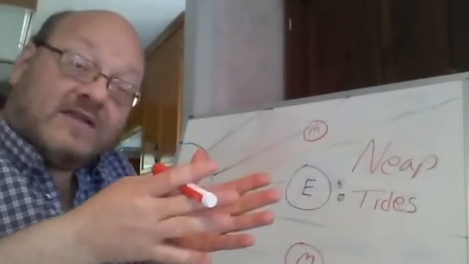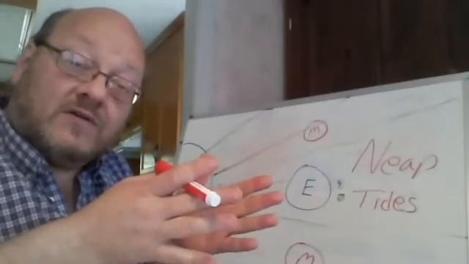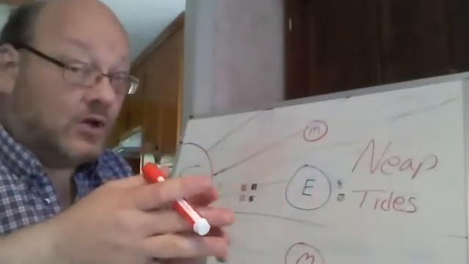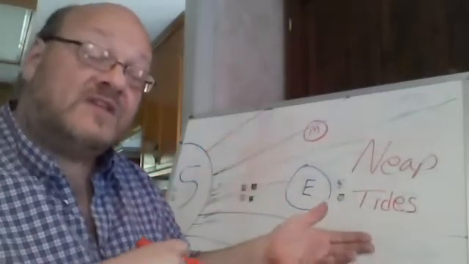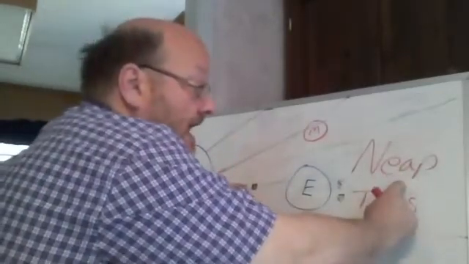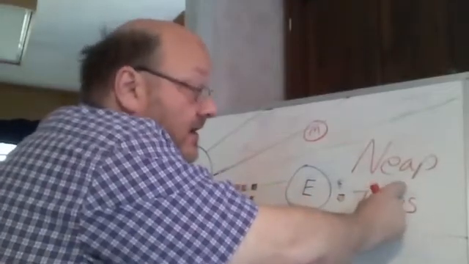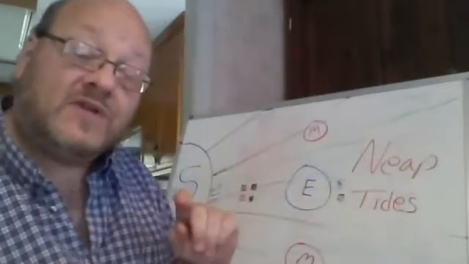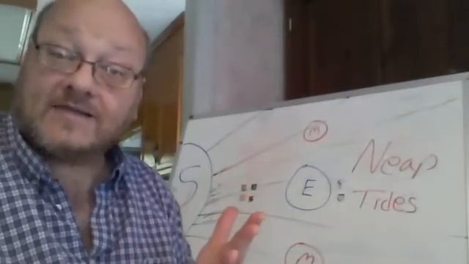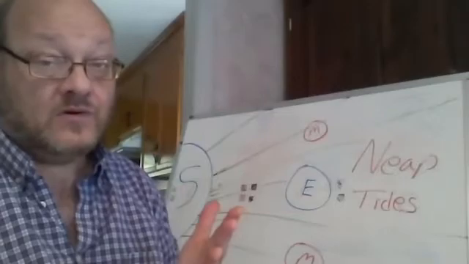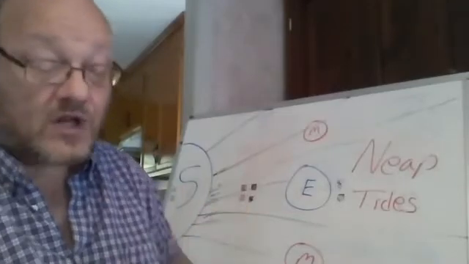So on neap tides, there's just not much change. The high tide isn't very high. The low tide isn't very low. On the reverse, on the spring tide, when we have them located in line with the Earth and the sun, then you have spring tides with the highest high tide and, that's right, the lowest low tide.